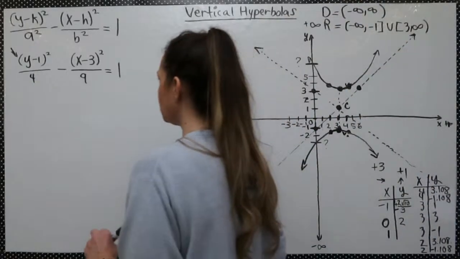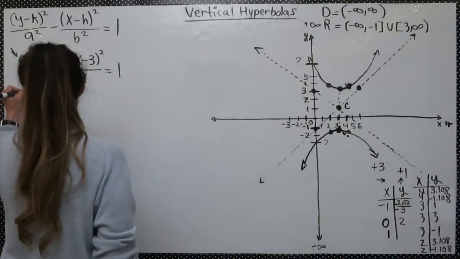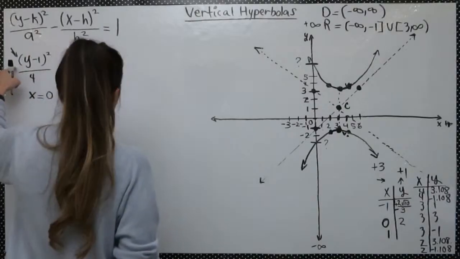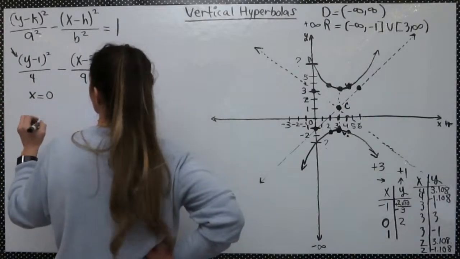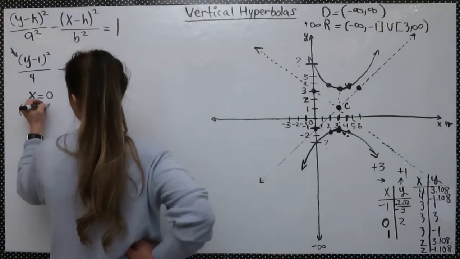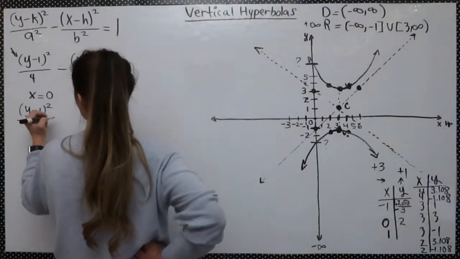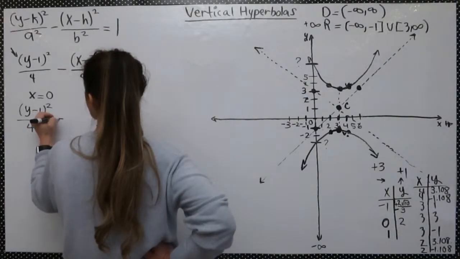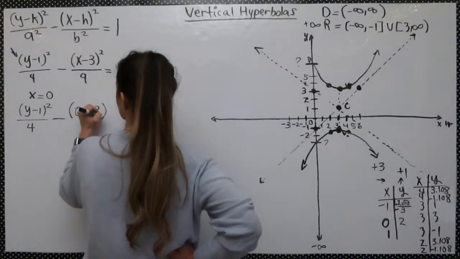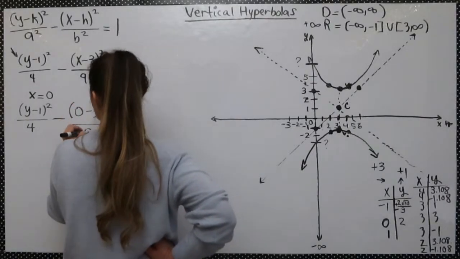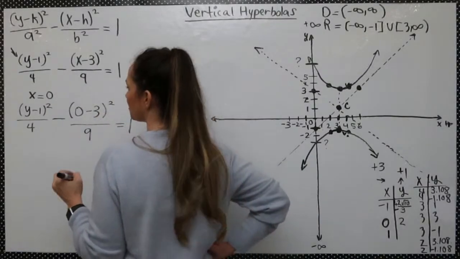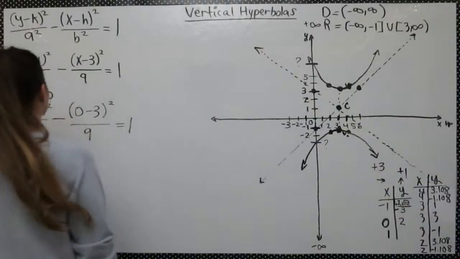We could plug in 0 for x here and see what happens. So we'll say y minus 1 quantity squared divided by 4, minus 0 minus 3 quantity squared over 9, equals 1. I'm going to write smaller.